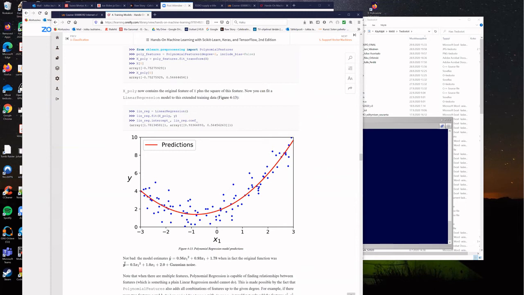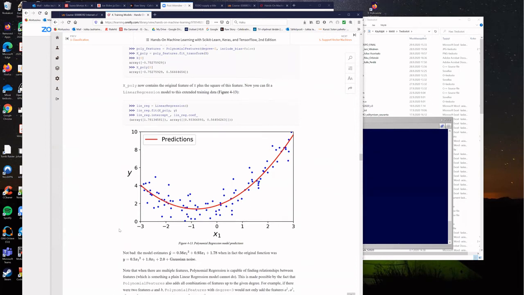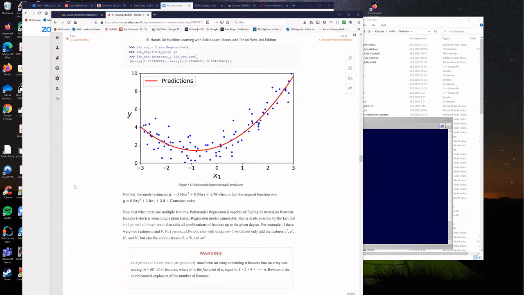And here you see the original function which was used to generate these blue dots. So again, the noise makes it not perfect. The result is not perfect with the noise.